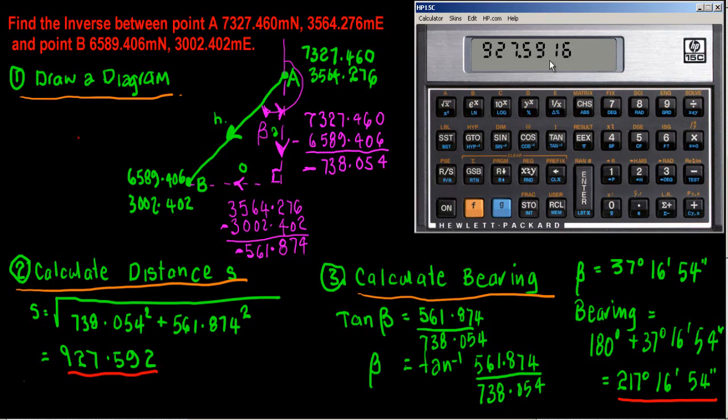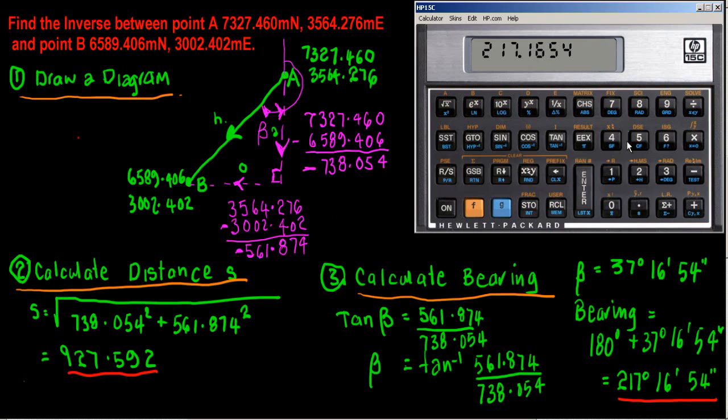There's our distance, 927.592, xy on that. It's negative, so we add 360, and then we convert that to hours, minutes, seconds, 217 degrees, 16 minutes and 54 seconds.